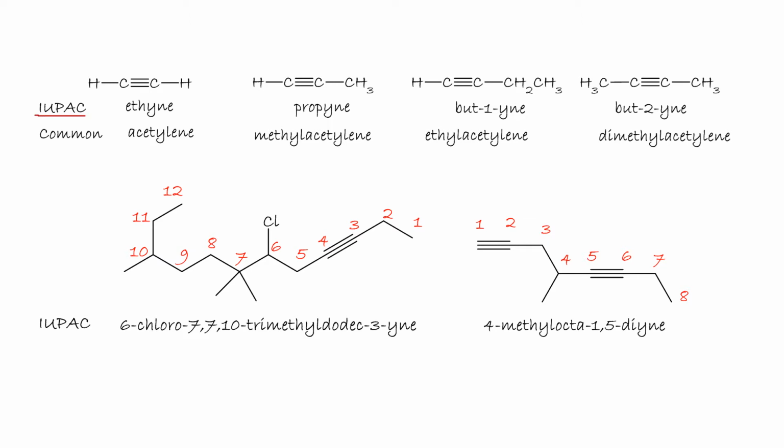Yes, we have the IUPAC name, but some of the compounds have a common name. Here, ethyne has a common name, acetylene. Here is 1, 2, 3 carbons. Propyne, common name methyl acetylene.